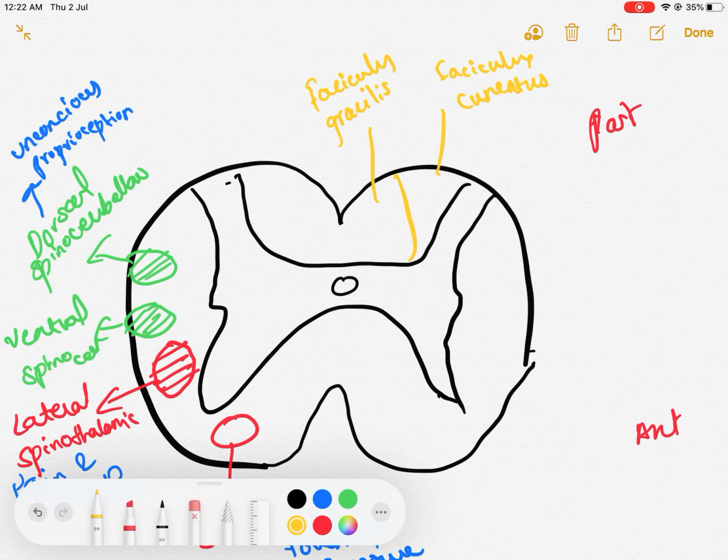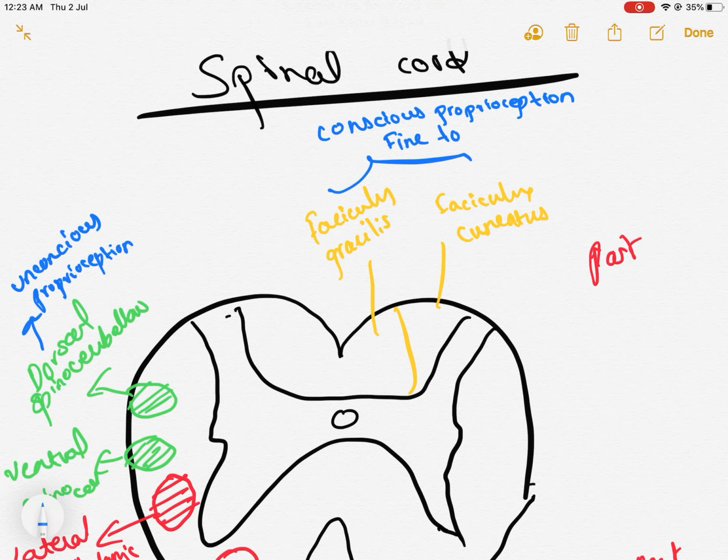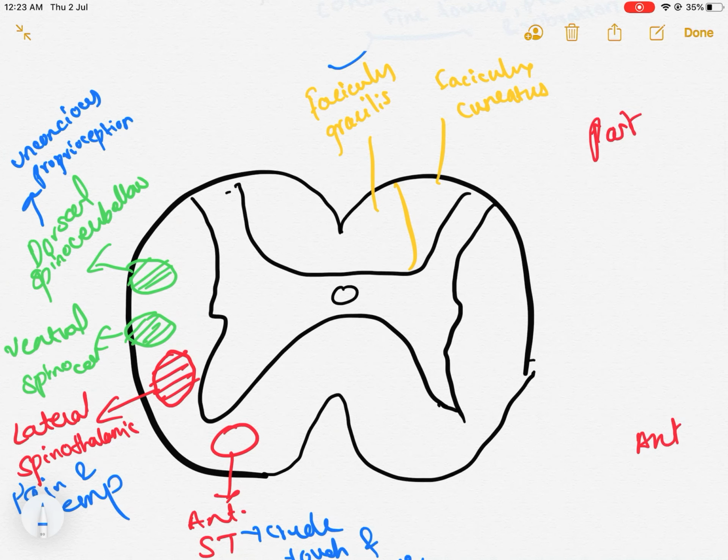The function of both these tracts is carrying conscious proprioception. The joint position sense, what we test in any joint, is this conscious proprioception. The next is fine touch, pressure and vibration. So this is basically the ascending tracts.